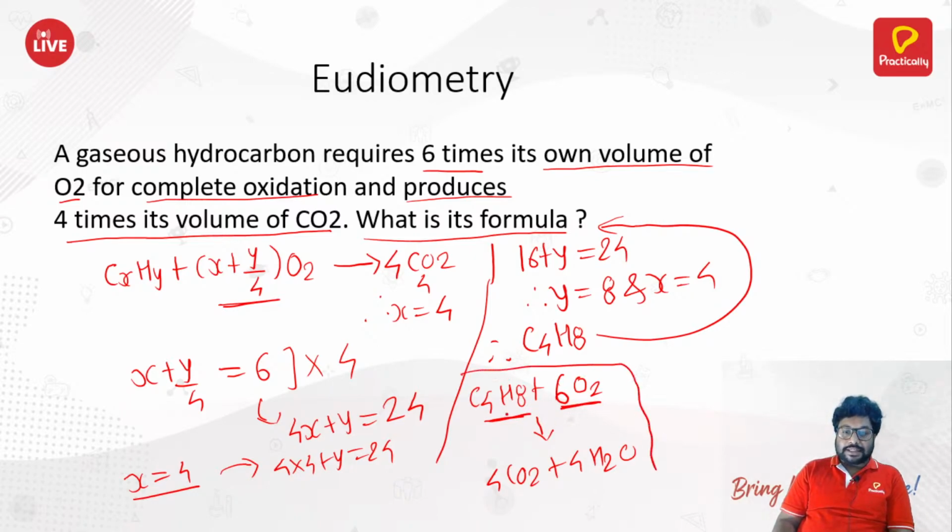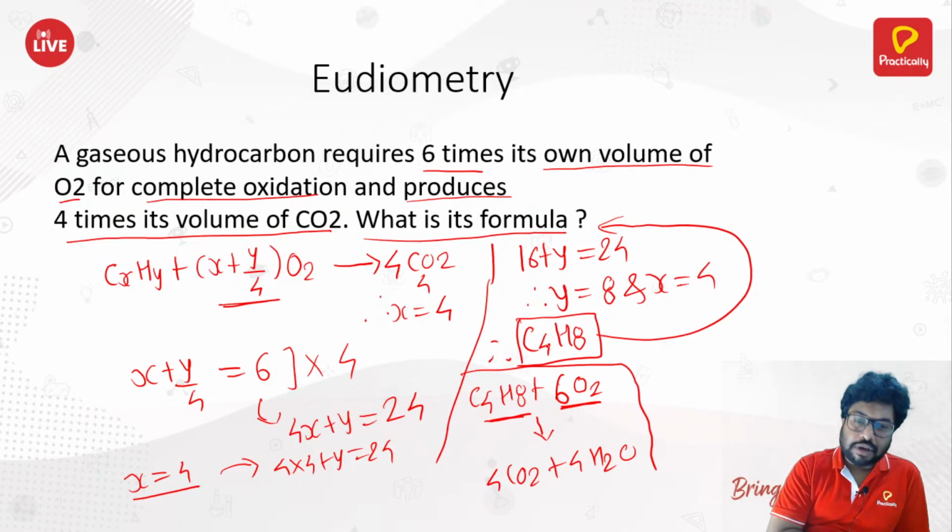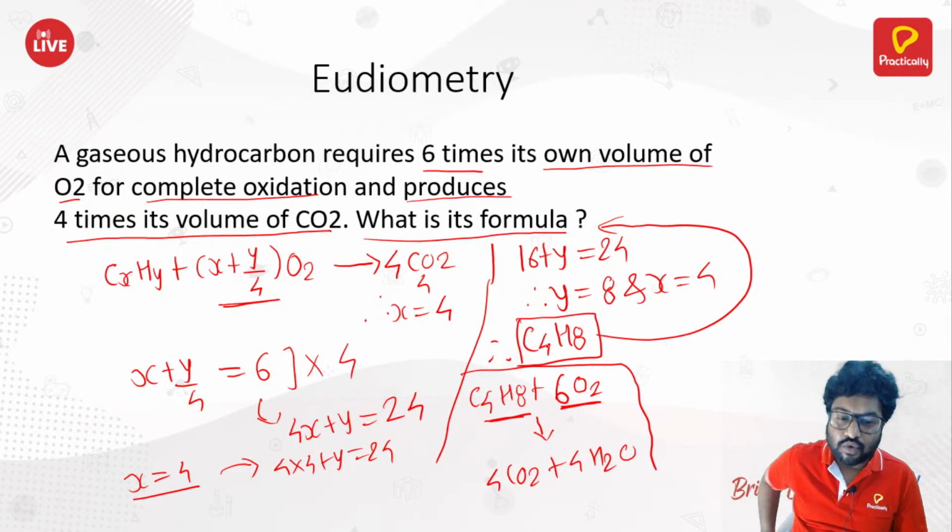That means our answer is right. That is C4H8, which is obviously an alkene, it's a butene. So that is how you can use that formula for solving these numericals. Okay. Moving ahead. If you have any doubt, you can ask me in the comment section. If no, then we can move ahead.